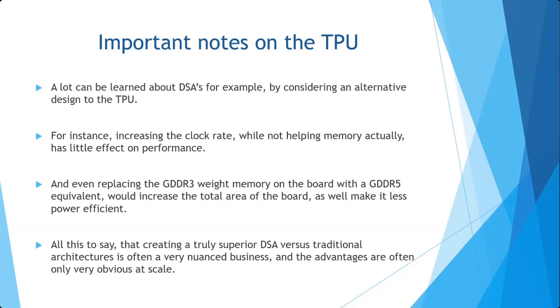And even if you were to replace the GDDR3 weight memory on the board with the GDDR5 equivalent, it would increase the total area of the board as well as make it less power efficient. I say all this to say that creating a truly superior domain-specific architecture versus a traditional one is often a very nuanced business, and the advantages are often only very obvious at scale. So it's not easy at all to design a truly advantageous domain-specific architecture.